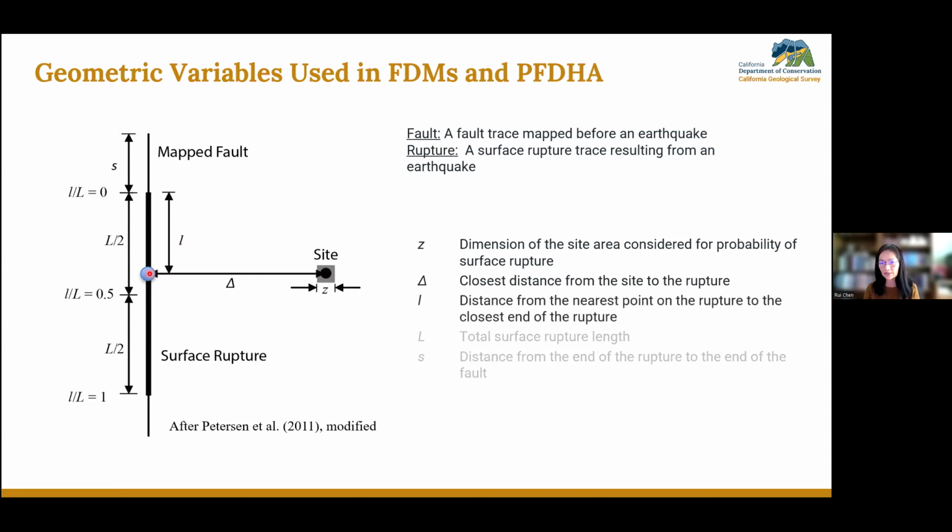Lowercase l is from the point on the rupture closest to the site to the end of the rupture. Capital L is the total surface rupture length, and S is from the end of the rupture to the end of the fault. Now, principal displacement is regressed as a function of the normalized location on the fault, which is this l over L term. Distributed displacement is usually regressed as a function of rupture distance, or delta here.